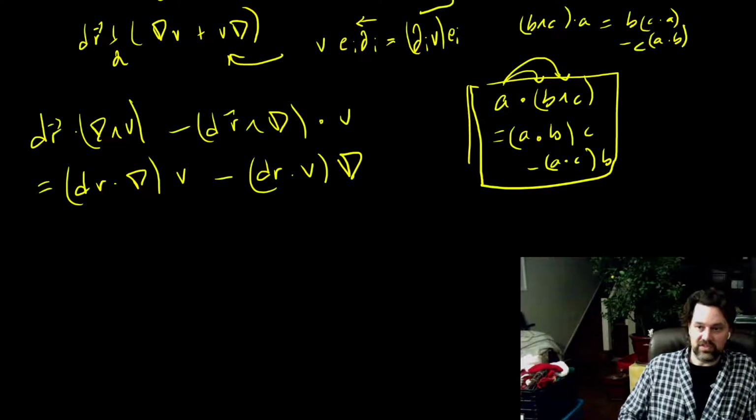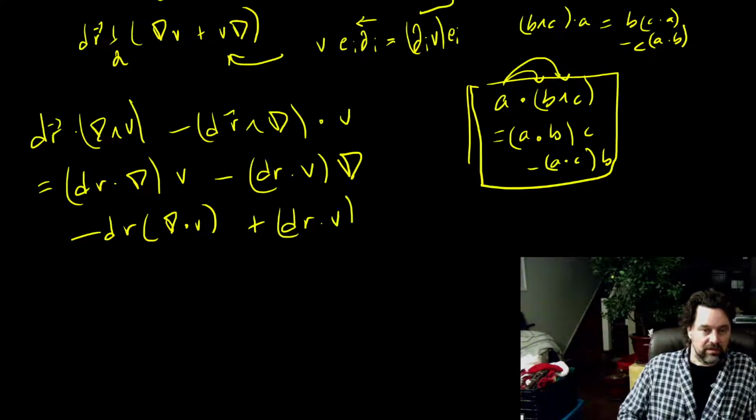So we use the same distribution rules, and we are left with grad dot v all times dr plus dr dot v grad.